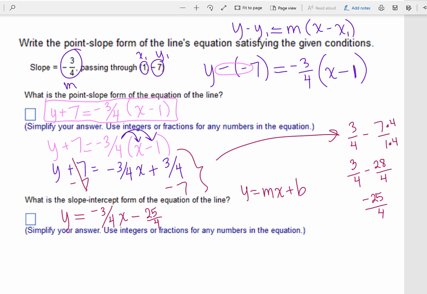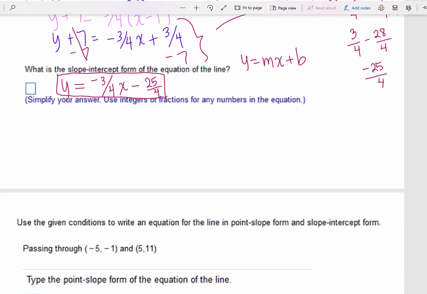You'll leave it as an improper fraction there, as long as you've simplified it. So nothing can divide into 25 or 4 besides 1, then you're done. And that is completely simplified. Sometimes we're not used to dealing with improper fractions as often, and so we feel like we have to put in a decimal or just do different things to try to simplify it.